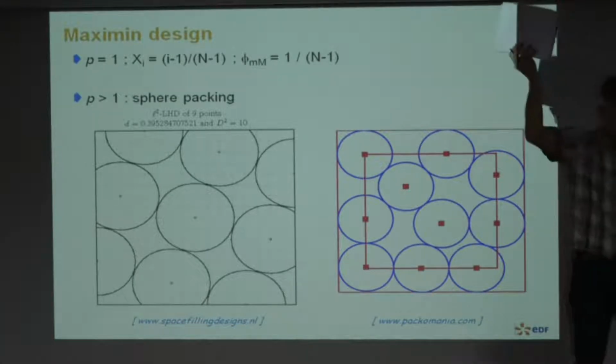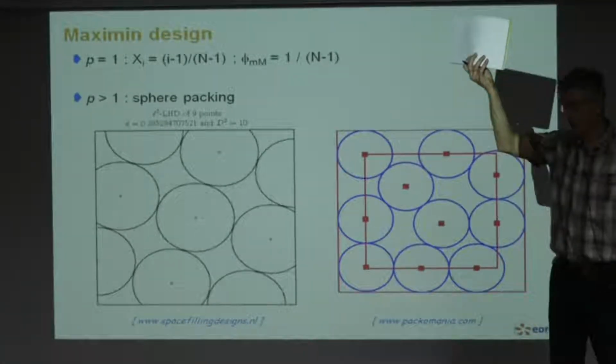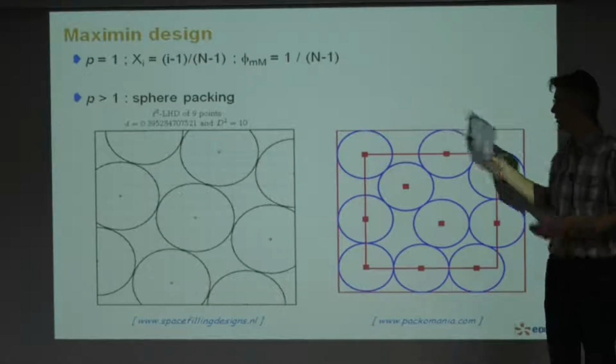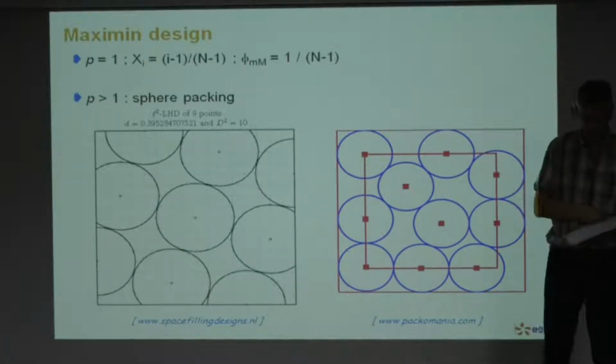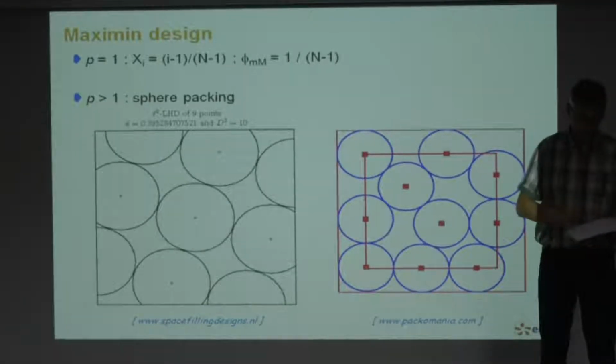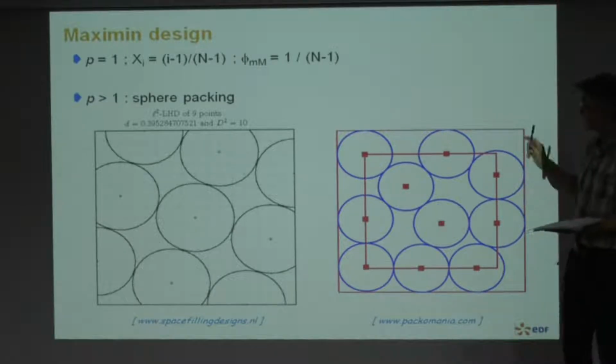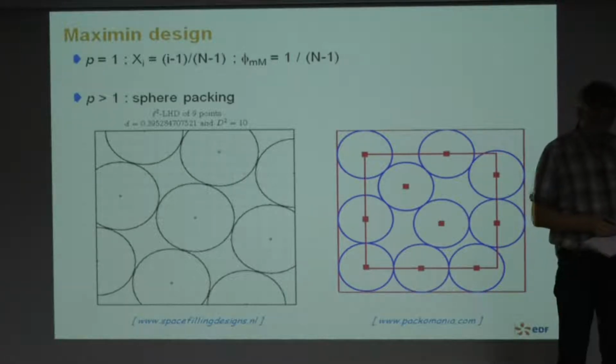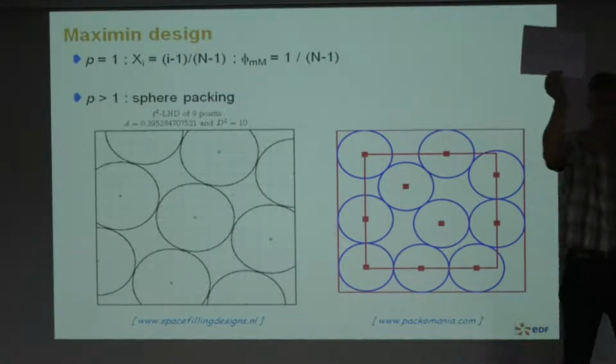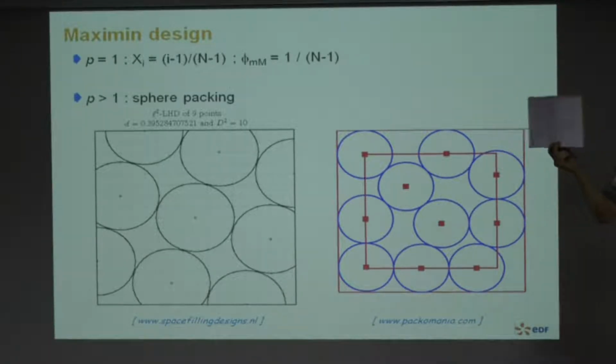Okay, this is in dimension 1, of course. With 4 points, we have 0, of course, 1/3, 2/3, and 1. Okay? Very natural.